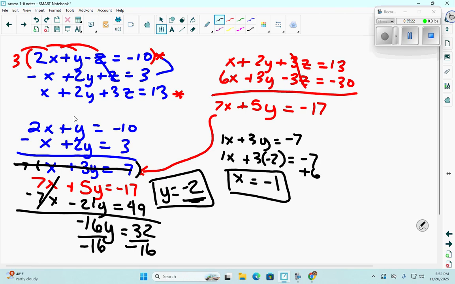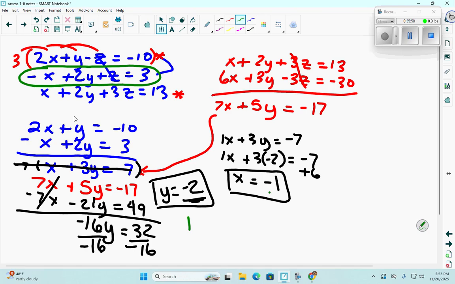So the one that I chose, so let's go back to, actually I don't use green, I'll use green. Okay, I chose to use this one right here. Is the one that I plugged into. Okay, so it was a negative in the equation and I'm plugging in a negative, so that means it's going to change it to a +1. Okay, and then I'm going 2 times my y.